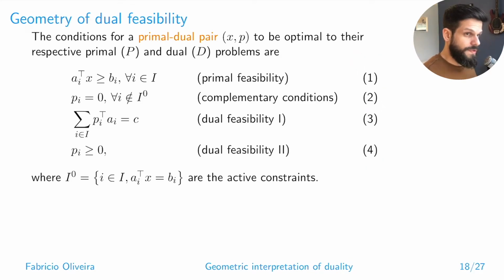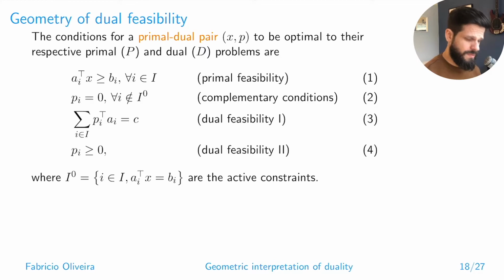If you have ever heard of the Karush-Kuhn-Tucker optimality conditions, this is exactly how they look for linear programs as well. But KKT conditions are for nonlinear optimization; we got here through a different avenue, but here we are. So this is what we call a primal-dual pair, basically a primal solution and its respective dual solution.